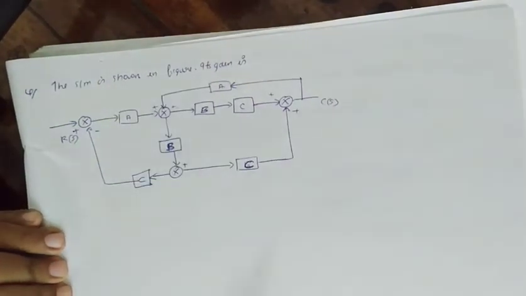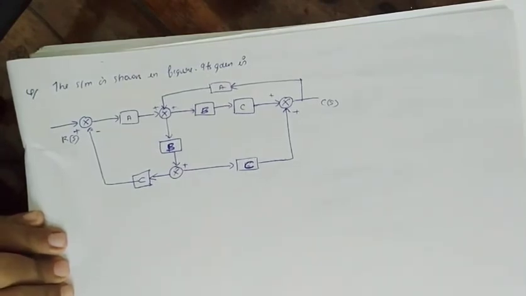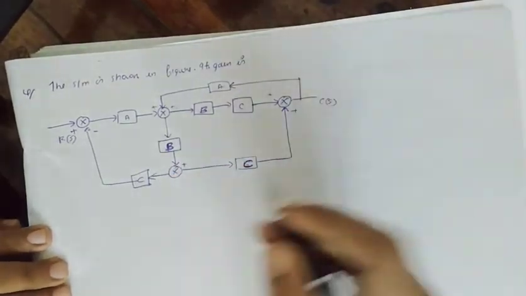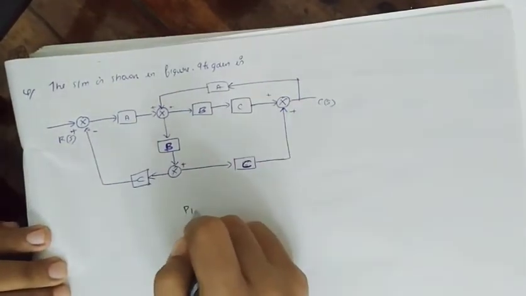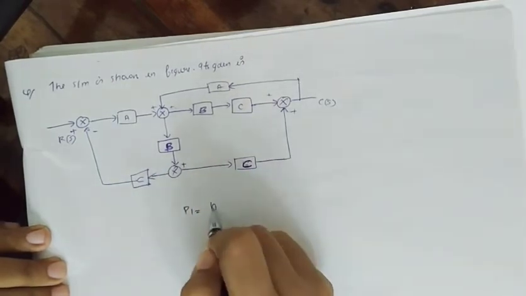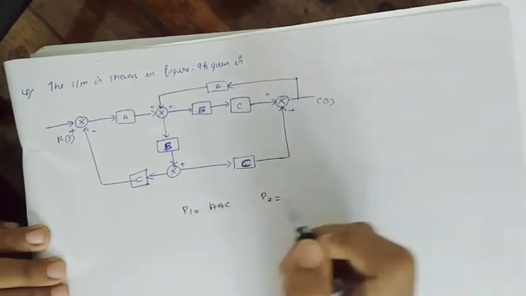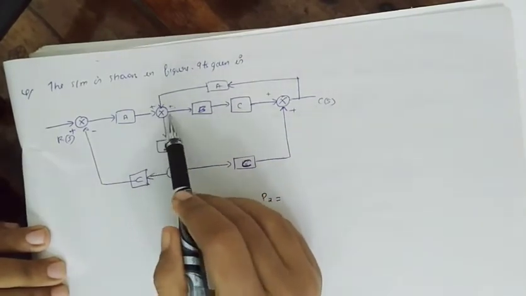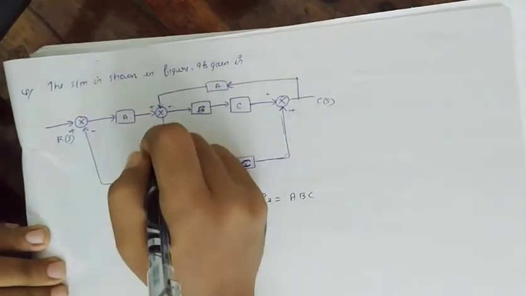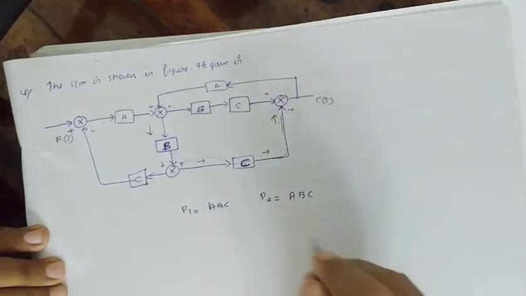We have to find the transfer function only, so we will see how many forward paths there are. P1 is equal to ABC, right? And the other forward path, P2, is ABC. This one. This is another forward path.